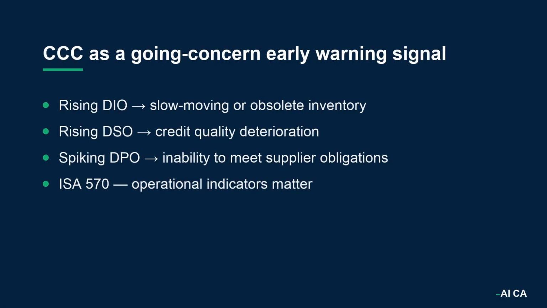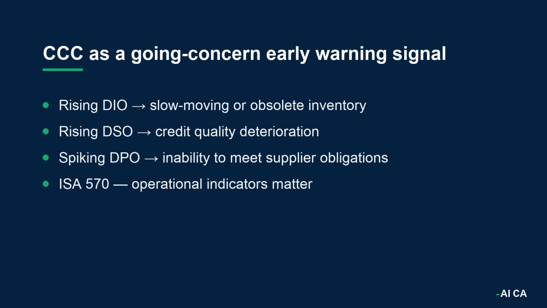From a going concern and audit perspective, a deteriorating CCC is one of the earliest quantitative signals of financial distress. If DIO is rising while revenue is flat, inventory is becoming harder to sell. If DSO is rising, customers are struggling to pay, or the business is granting looser credit to prop up revenue.